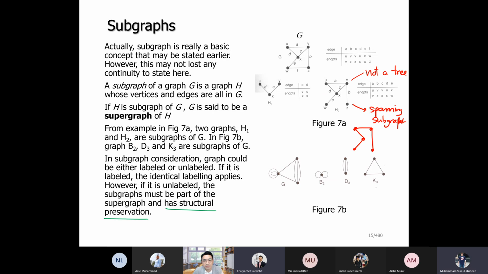In the graph G, we have a component H1 that is fulfilling the graph G, and also H2 is the same, but we still say it is not a spanning subgraph. This H2 is a spanning subgraph because all these nodes here appear in this node here.